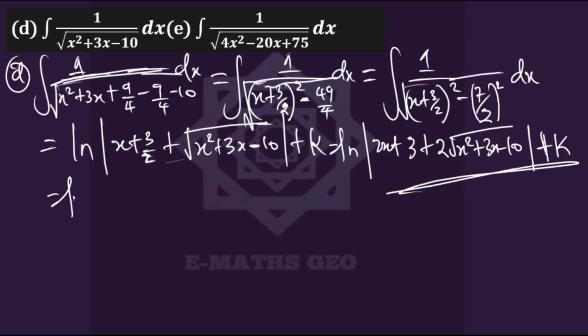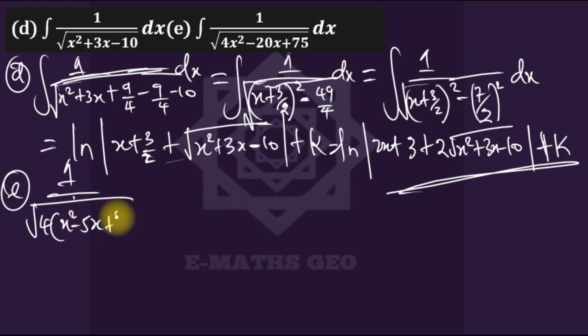So for the last one, we have 1 over the square root of 4x squared minus 20x plus 75. The first thing we have to do is to factor 4. So I have x squared minus 5x plus 75 over 4. That's the first thing, integral. And the square root of 4 is 2, so we'll bring out the half.